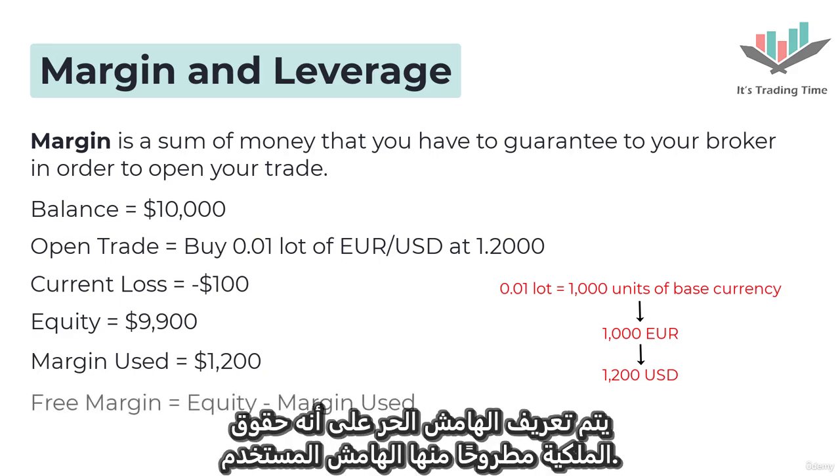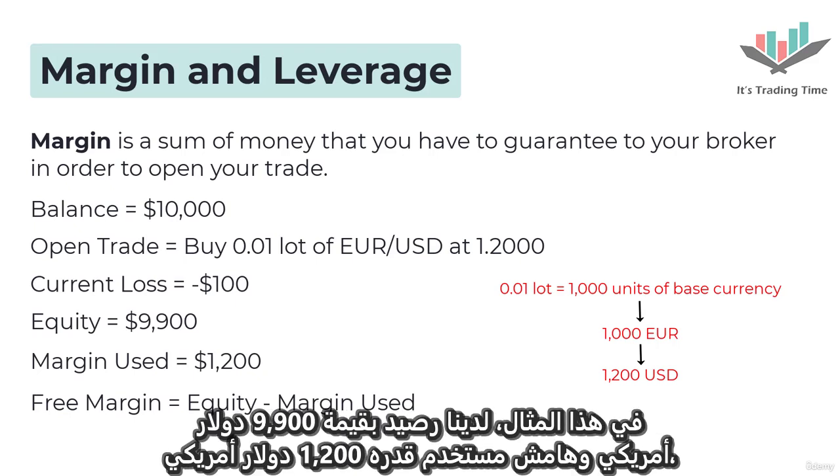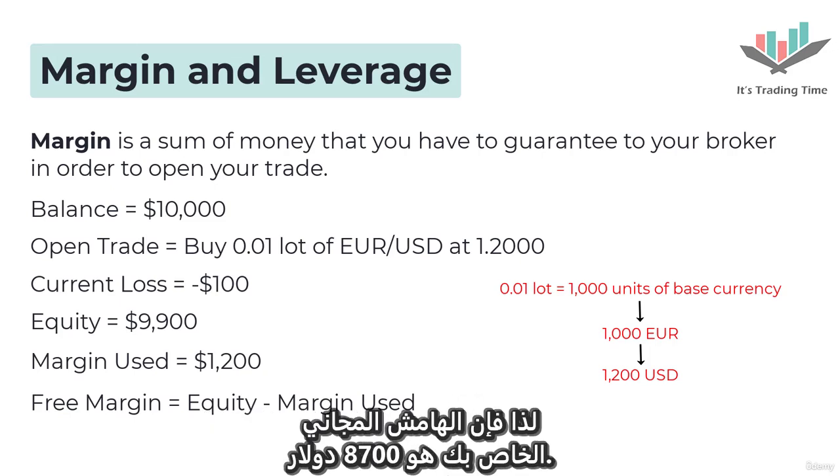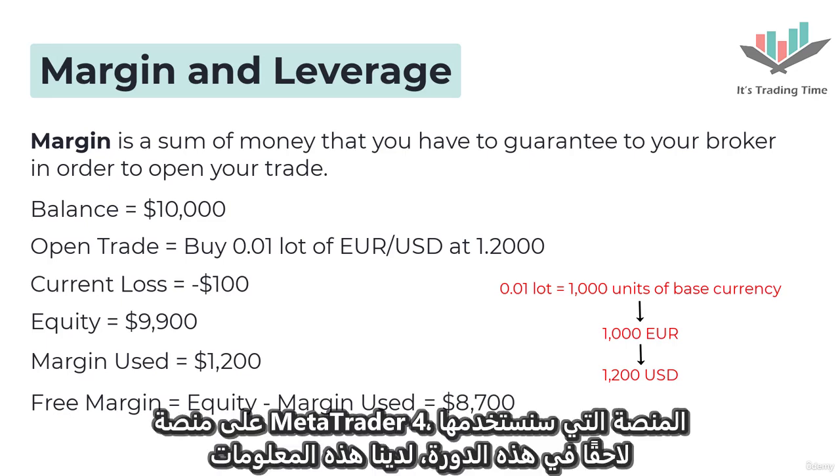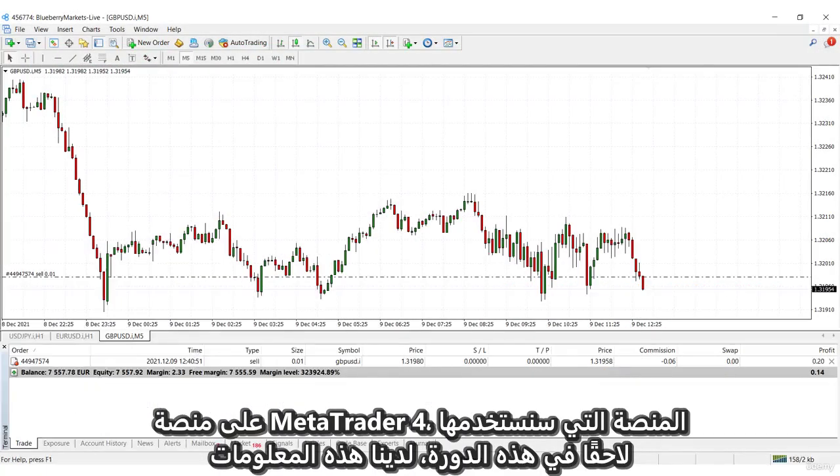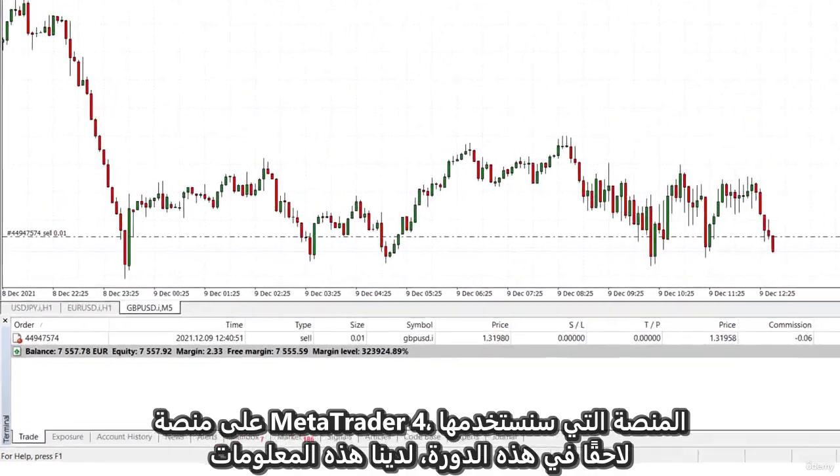The free margin is defined as equity minus margin used. In this example, we have an equity of $9,900 and a margin used of $1,200. So your free margin is $8,700.